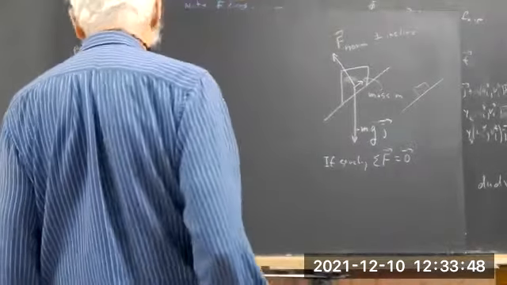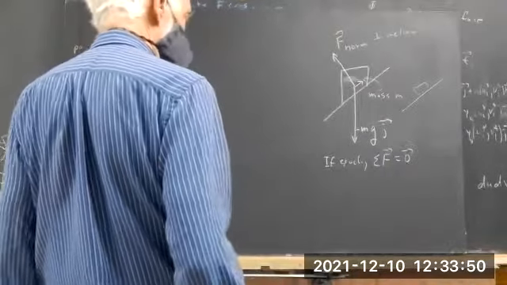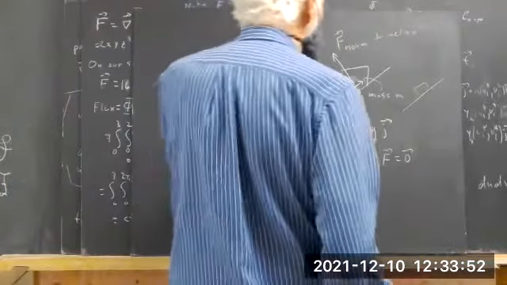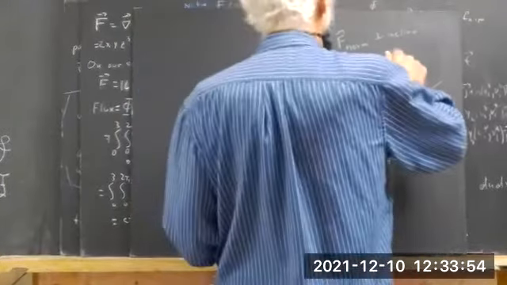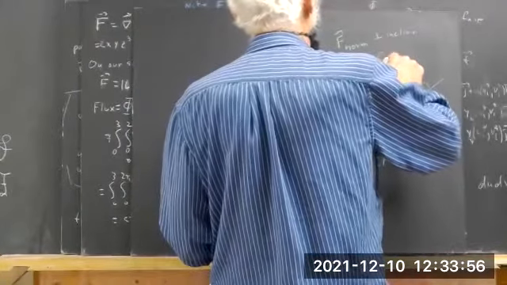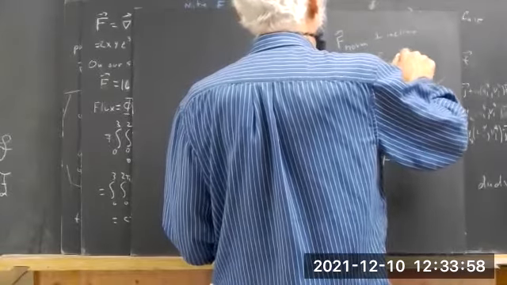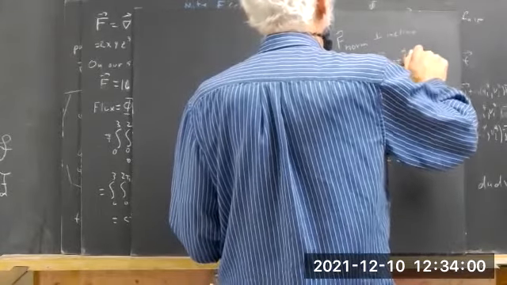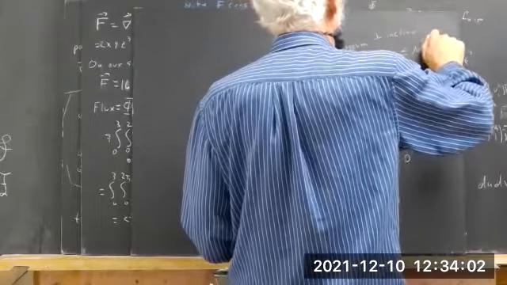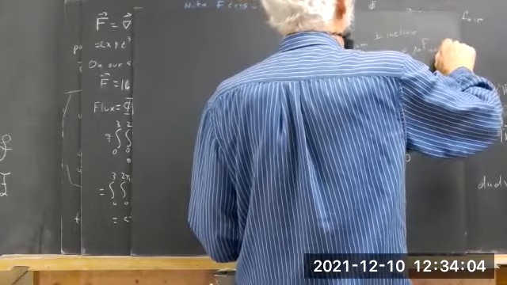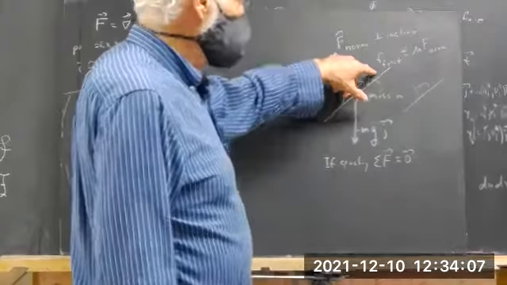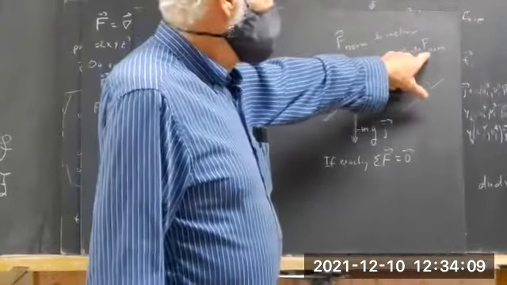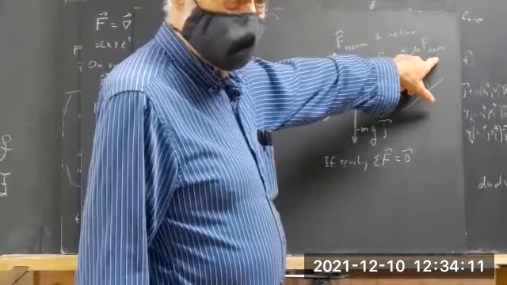So let's think about that. You've got your force of friction. The magnitude of your frictional force can't be greater than mu times F, your normal force.